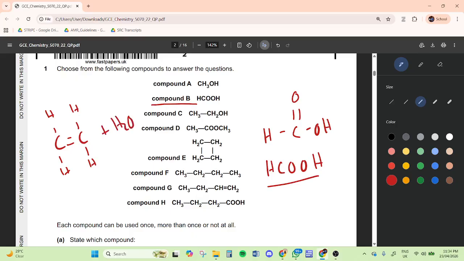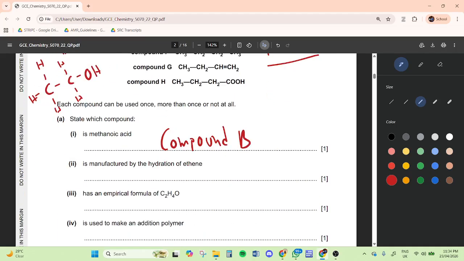So what you're going to end up with is C, 1H, 2H, 3H, and then CH, H, this will remain the same, and then add OH over here. So you're going to end up with compound C, which is ethanol. So we're going to write down compound C over here.